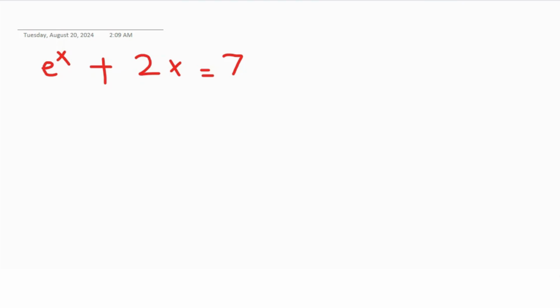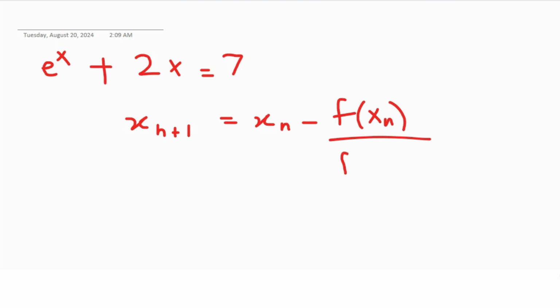So let's continue, and this is the formula that we need to start with, which is x(n+1) equals xn minus the function divided by the derivative of the function.